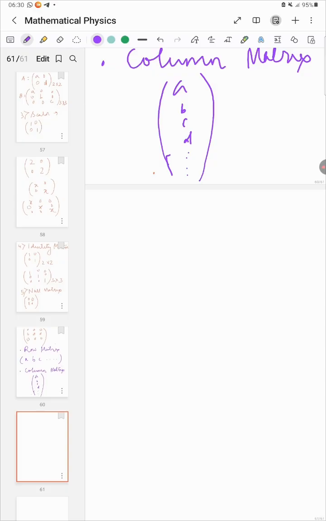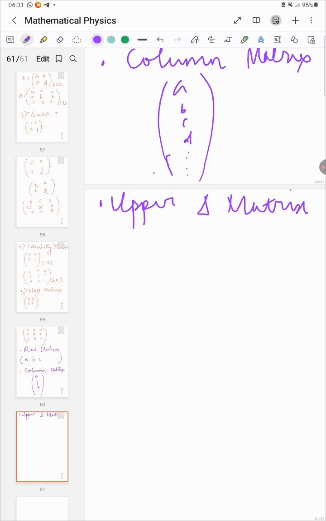Now comes our next variety of matrix, which is called upper triangular matrix. So what is it?